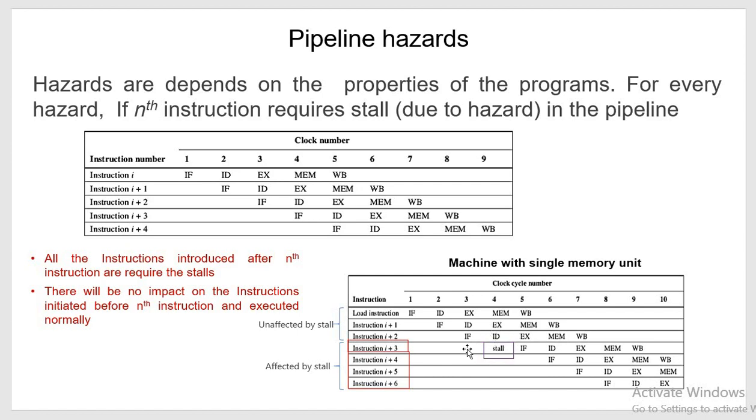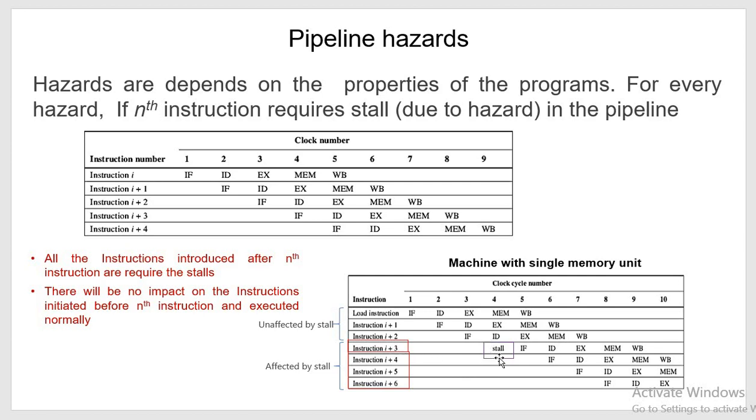Okay, so now what will happen to the rest of the instructions? All the instructions introduced after the nth instruction, where the nth instruction means the affected instruction. Here instruction I plus 3 is the affected instruction.